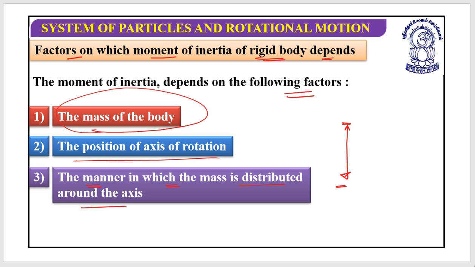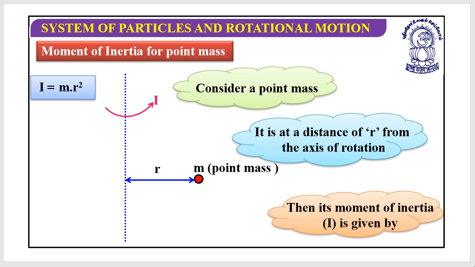So how could I find the moment of inertia for a point mass? Let's look at this: this is a point mass having mass m, and this is my rotational axis, and this mass m is at a perpendicular distance from the rotational axis. That perpendicular distance is represented by r.